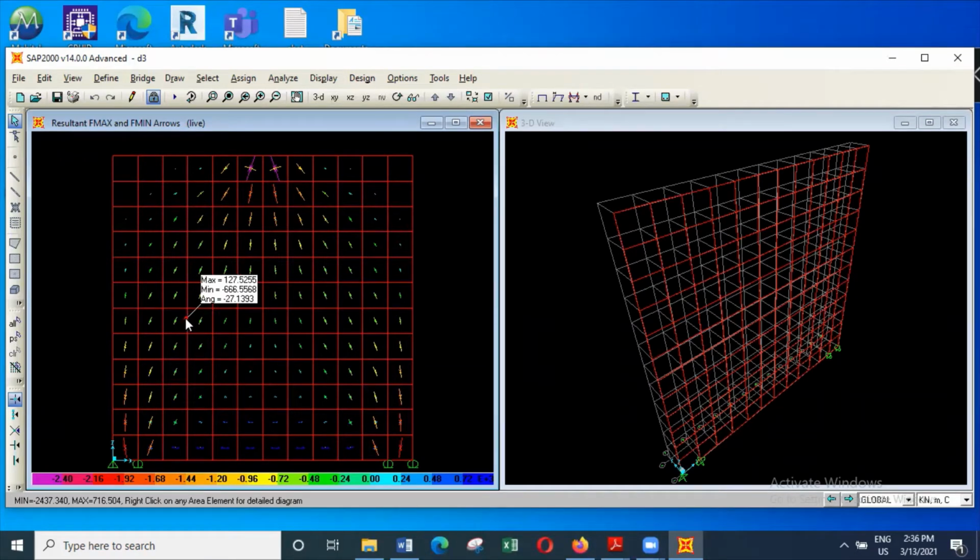The minimum is 666, and here you can see the forces. The maximum value is 760. So basically, this is a tension region at the bottom. On the sides, you will get the region where the strut can transfer the load onto the supports.